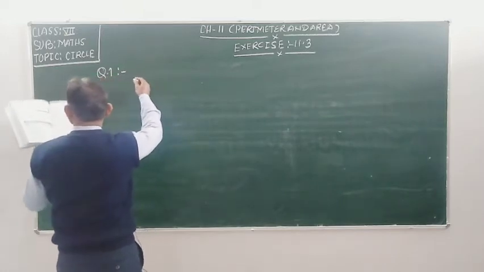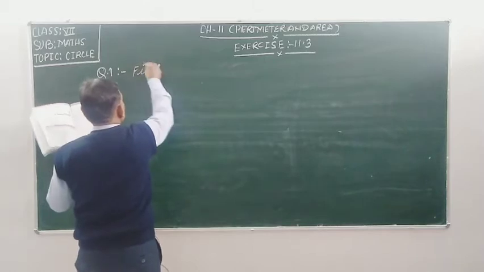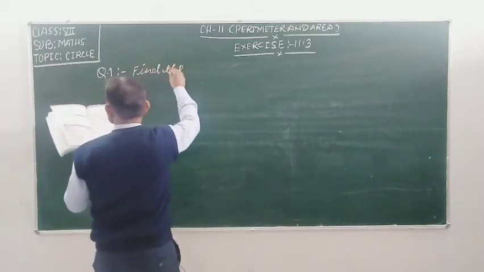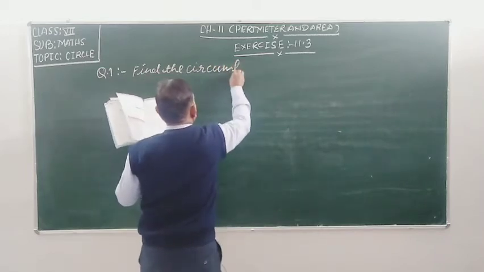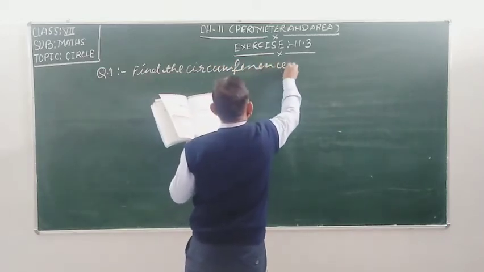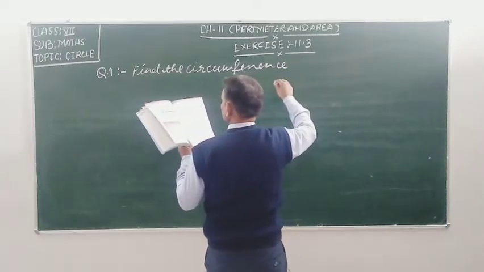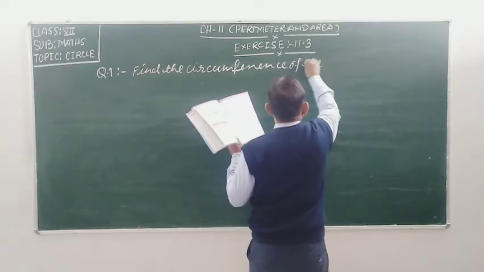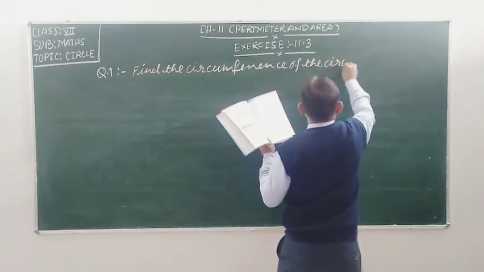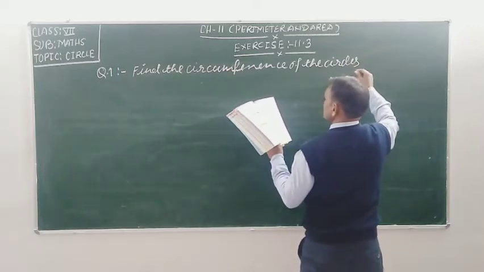Question first is saying: find the circumference of the circles with the following radius.